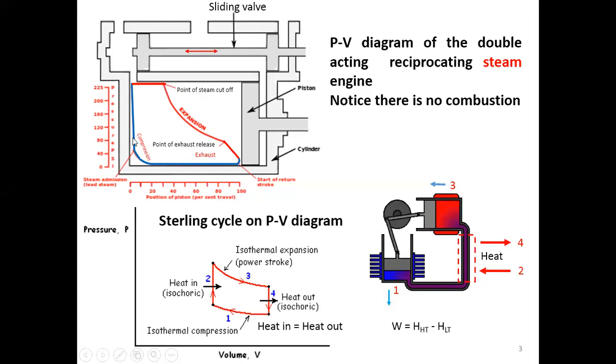Where compression happens, the steam starts to refill into our steam engine until it finishes here, the steam is cut off, no more steam flows in, then the expansion happens. The expansion will stop right here where the exhaust happens. The exhaust means we are releasing the steam out of our cylinders. And then it starts to compress again.